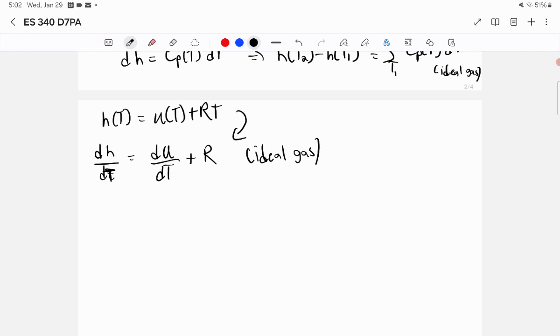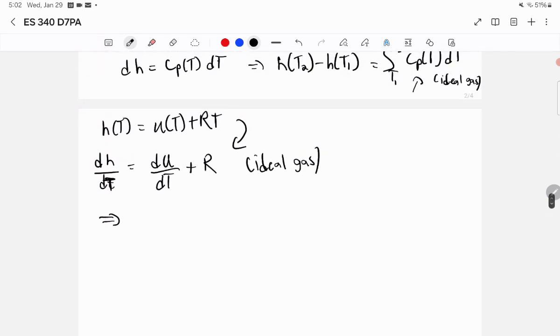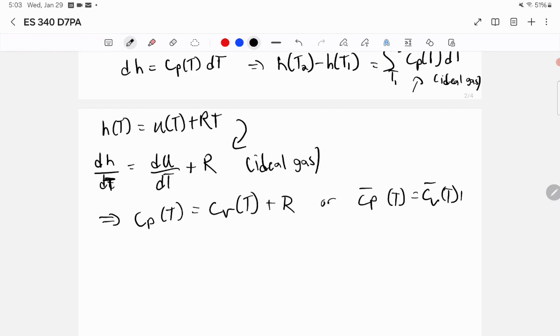And what this means, actually, coming from these equations up here, is that Cp of T is equal to Cv of T plus R. Or more conveniently, Cp bar of T is equal to Cv bar of T plus R bar.